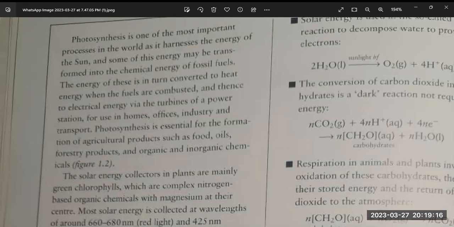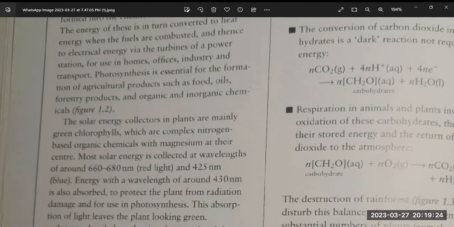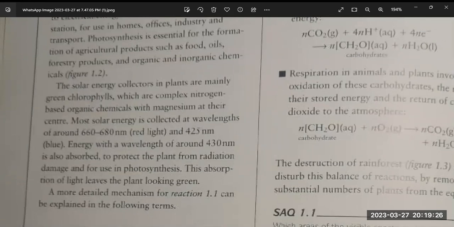Photosynthesis is essential for the formation of agricultural products such as foods, oils, forestry products, and organic and inorganic chemicals.